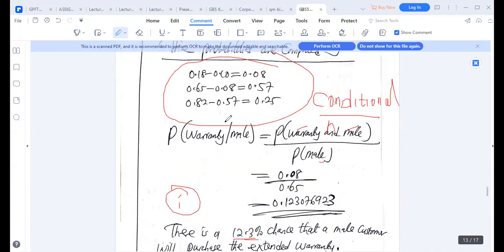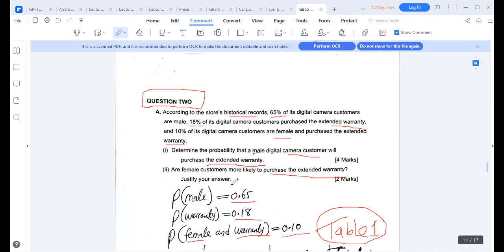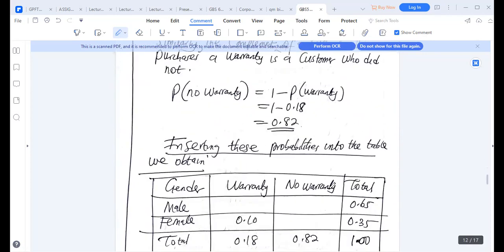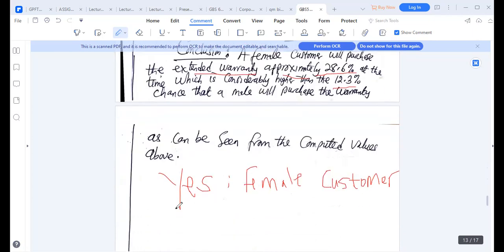The question asks whether female customers are more likely to purchase the extended warranty, and the answer is yes. So this is what this question was all about.